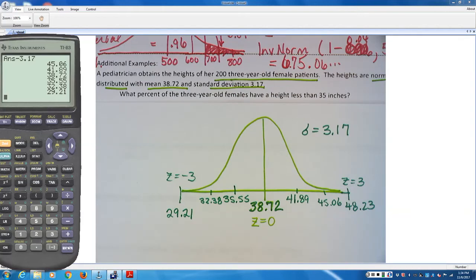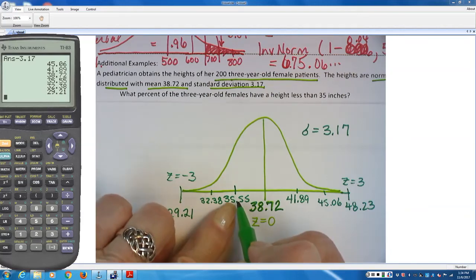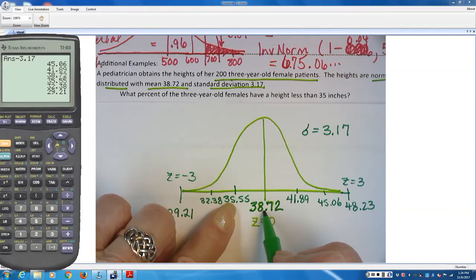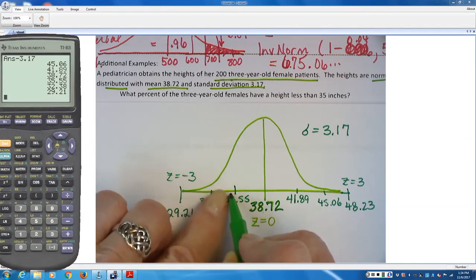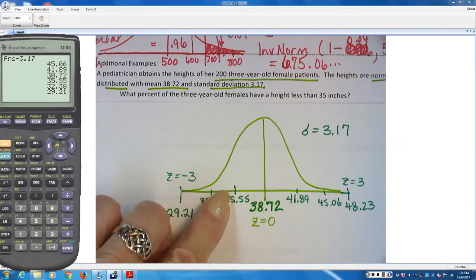And then the question they give us says, what percentage of the 3-year-old females have a height that's less than 35 inches? Well, here's 35.55. Here's 38.72. 35.55 would be just a little bit below one standard deviation.